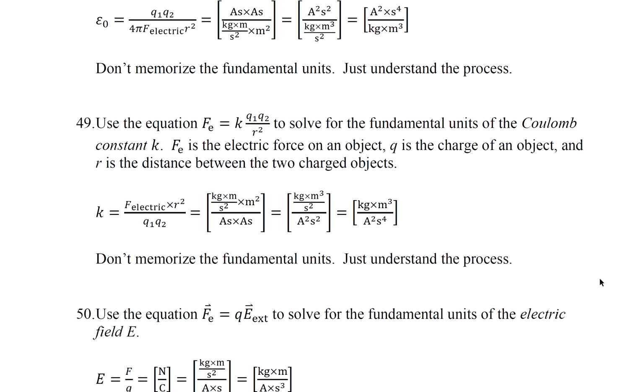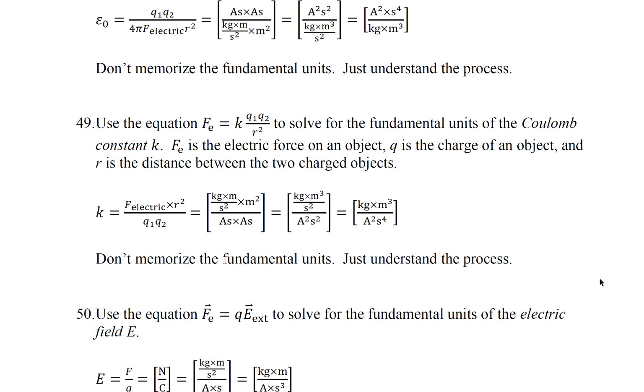Question 49, use the equation F sub E equals KQQ over R squared to solve for the fundamental units of the Coulomb constant K. And you could see what was done there. You could see questions 48 and 49, they have almost the same fundamental units. It's just flipped.